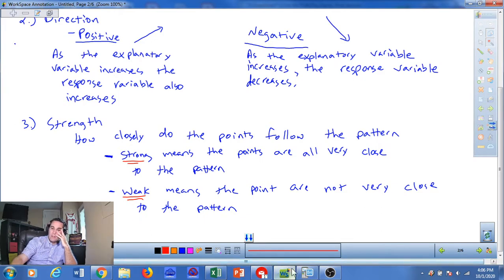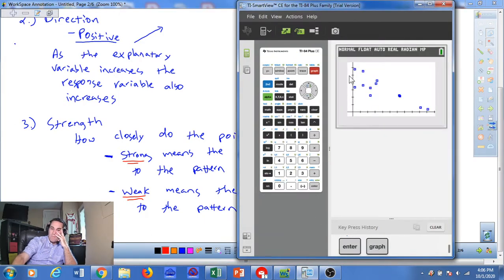So when I'm looking at that graph that we made, this is pretty strong, okay? Just my experience, you don't know yet. This is pretty strong. Really strong over here. The 1, 2, 3, 4, 5, 6, 7, 8. These 8 points here are following a very, very distinct pattern.